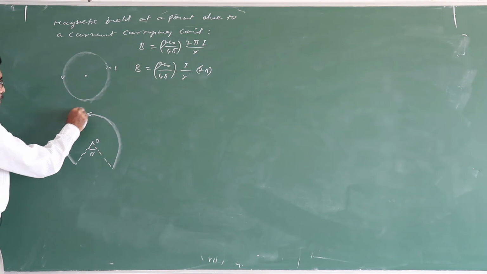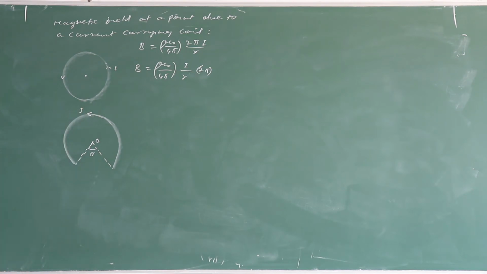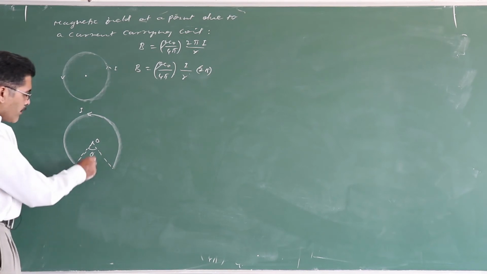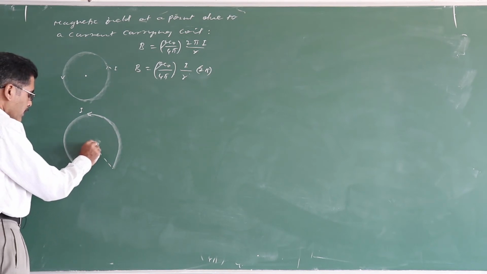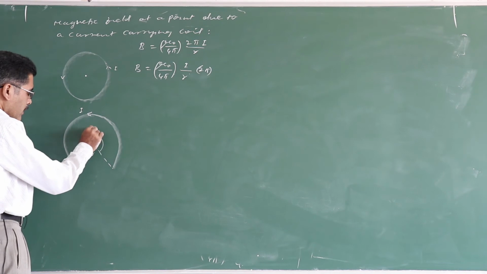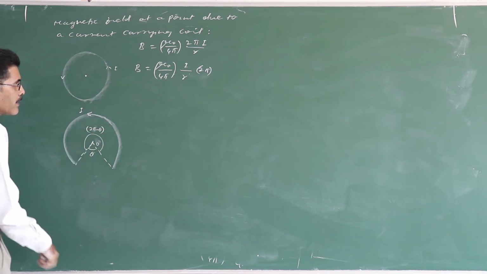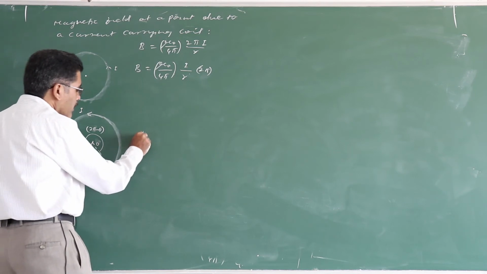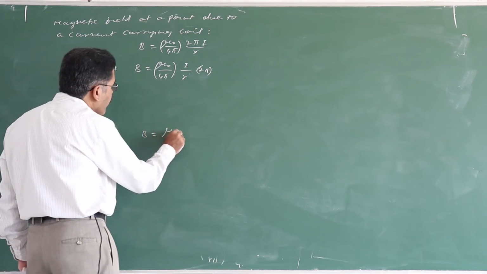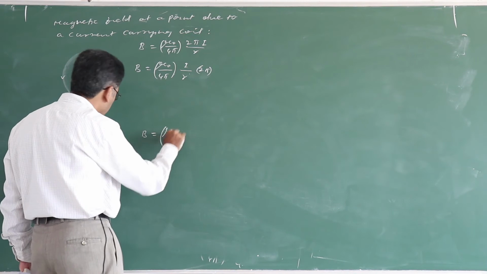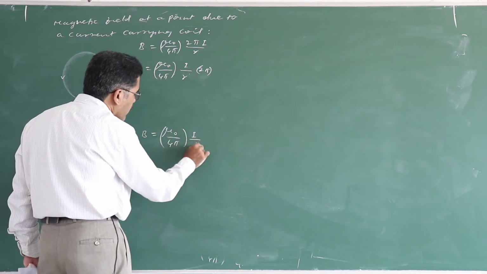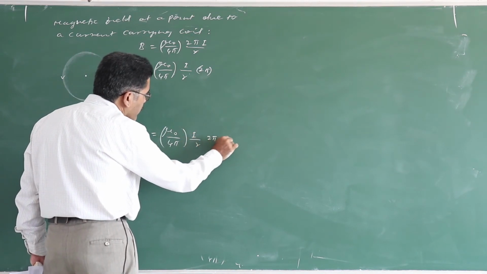Current I is flowing. Then what is the magnetic field here? If this is theta, the remaining angle is 2 pi minus theta. So in this case, B is equal to mu naught by 4 pi I by R into 2 pi minus theta.